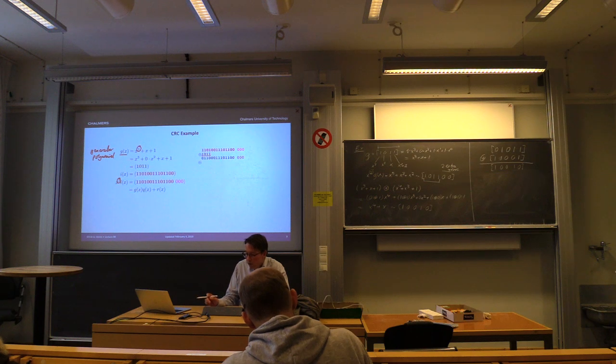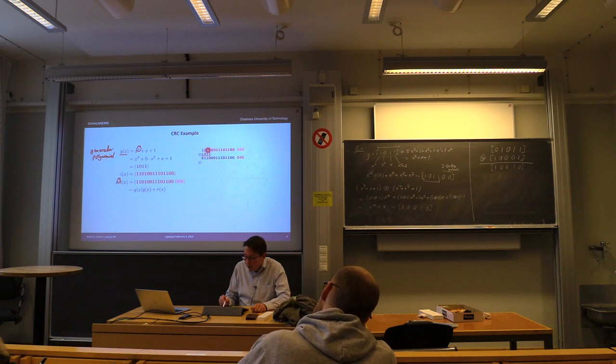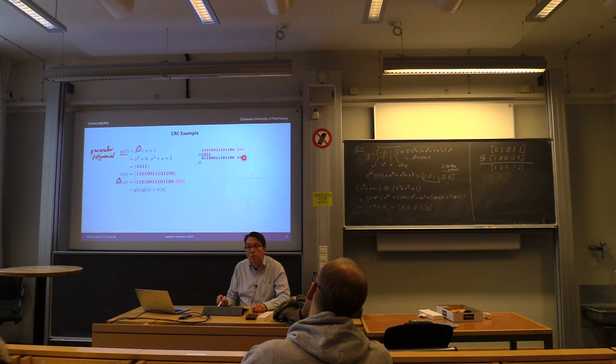So what's the result then? Well, 1 plus 1 is 0, 1 plus 0 is 1, 0 plus 1 is 1, 1 plus 1 is 0, and then we just copy the rest down here. So that's step number 2, and then we repeat.